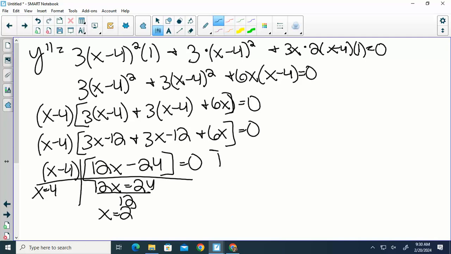So we have our inflection points as x equals 2 and 4. Okay. Then our timeline.